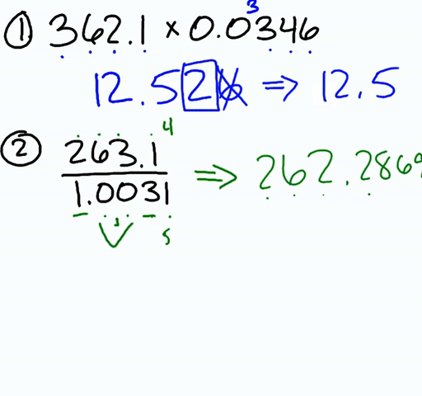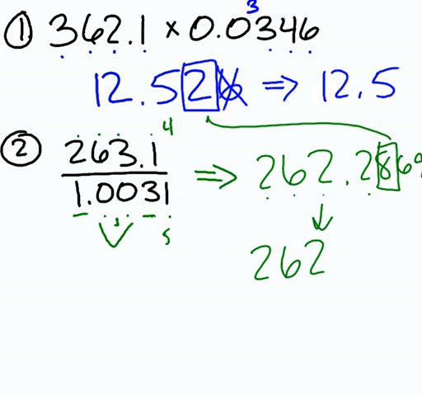Now, this number right here is just as important as this number right here. This is the number used to round to my appropriate sig fig. Since 8 is larger than 5, my final answer should be 262.3 and then whatever my unit happens to be. Okay, so there's a couple examples. If you guys have any questions in class, please make sure you ask.